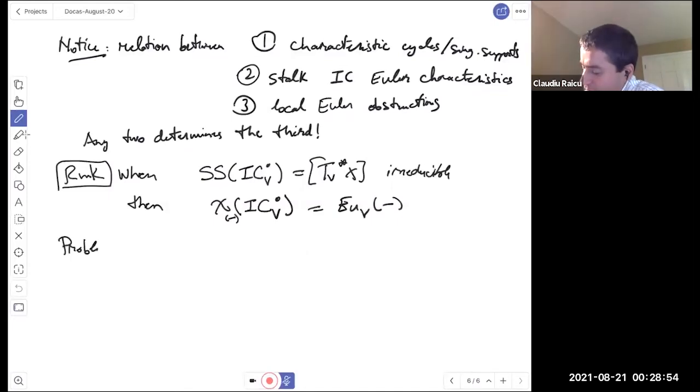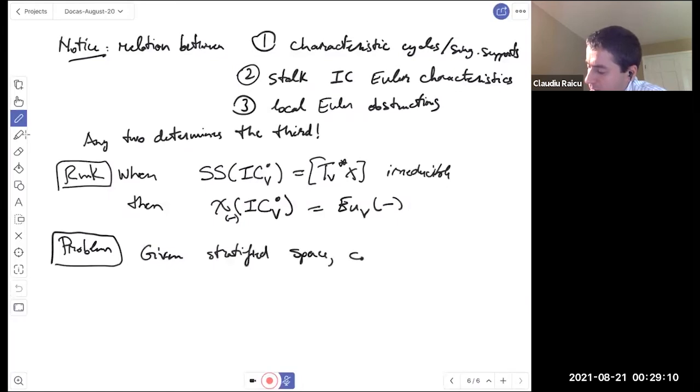And so I can suggest a more general problem than the one I considered at the beginning. Given a nice stratified space as exemplified earlier, I'd like to compute maybe all these invariants.